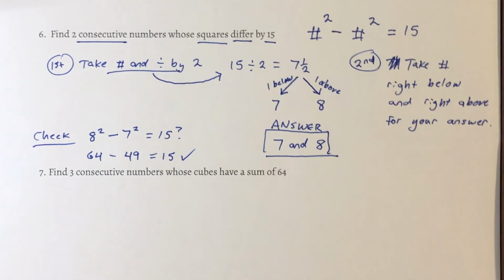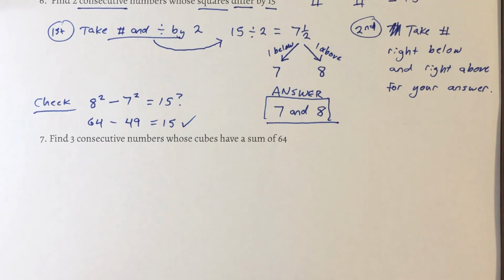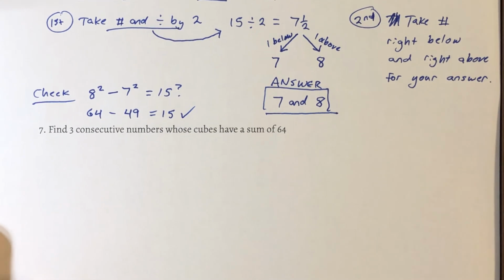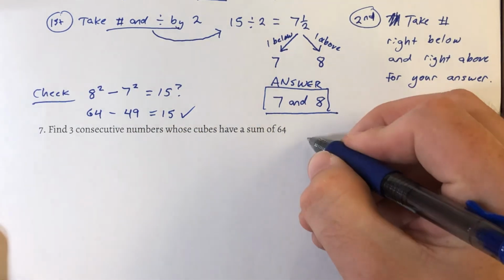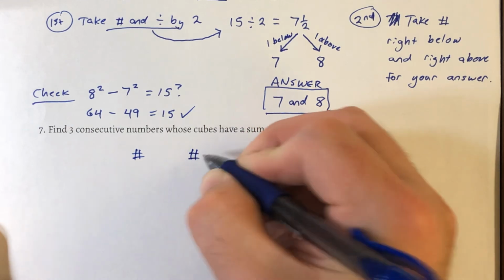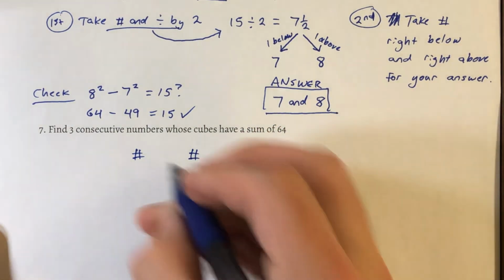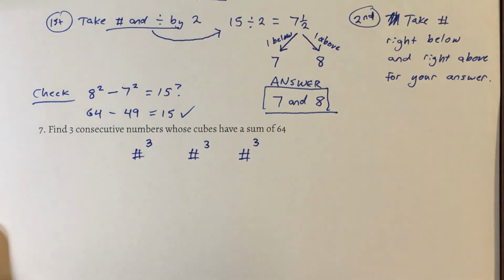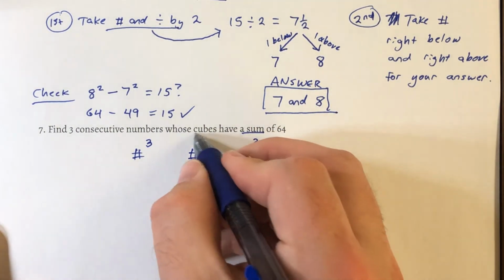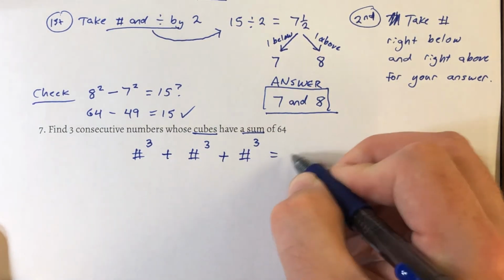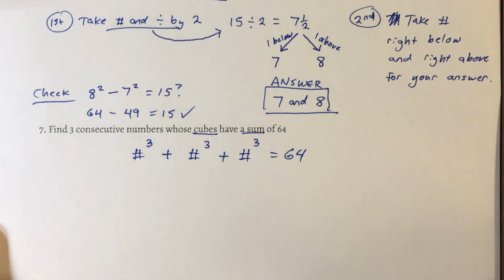All right, our very last example, and then I'll be quiet. All right, find three consecutive numbers whose cubes have a sum of 64. So again, the idea is find three numbers in a row whose cubes, so to the power of 3, have a sum, which means addition, of 64, meaning our 64 should be our number.